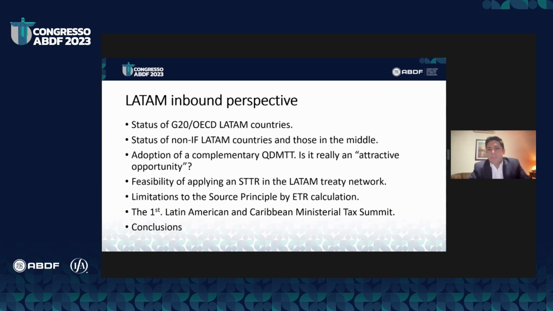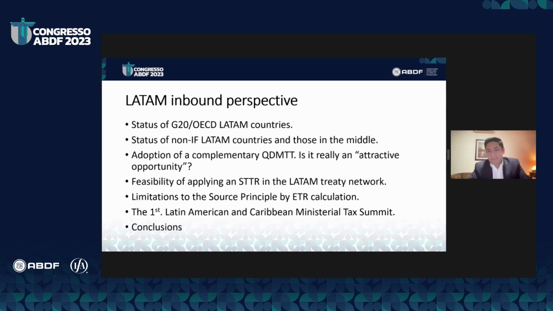However, it actually means that Latin American countries feel they are forced to reform their systems by reducing tax incentives. And in fact, it may reduce the effectiveness of many tax incentives in attracting foreign direct investment.